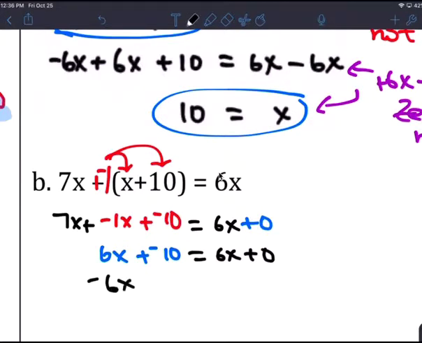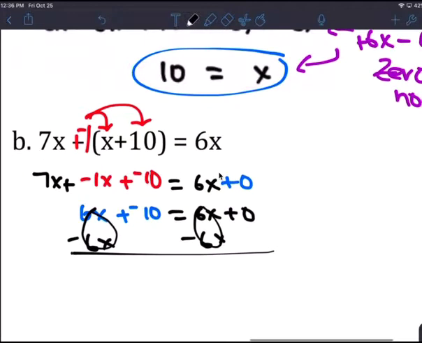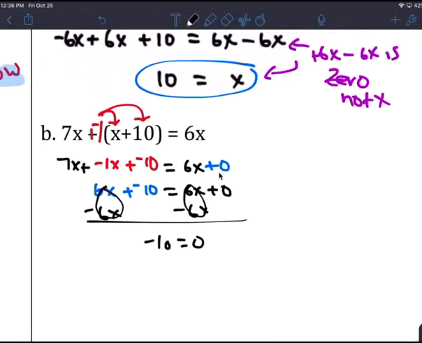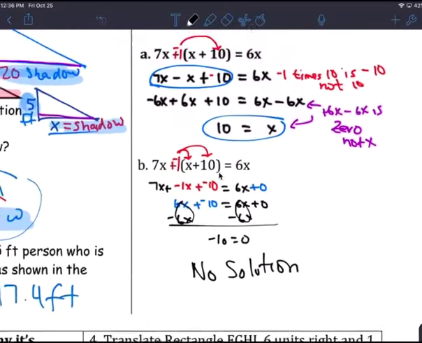Minus 6x, minus 6x. This is -10 equals 0. No solution. Okay.